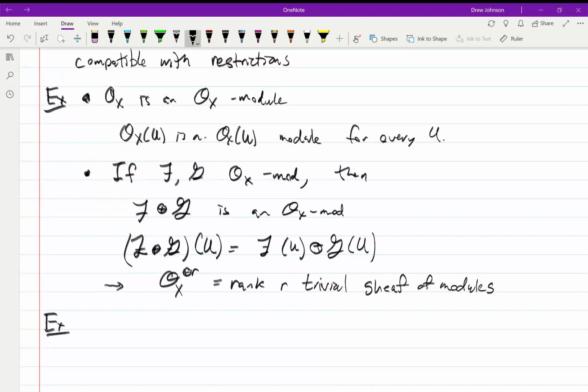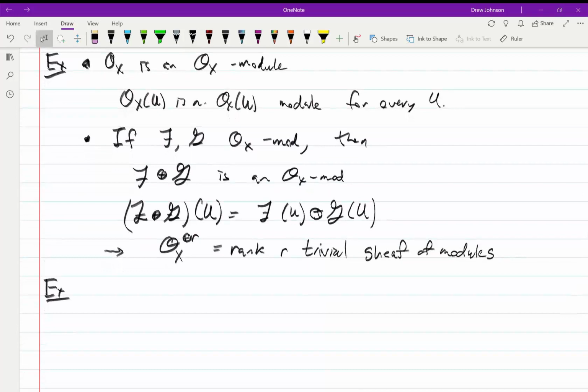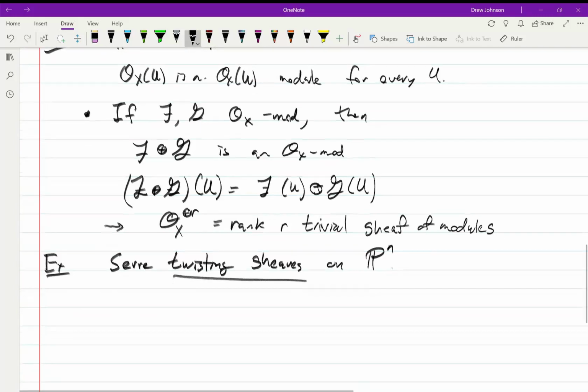All right, so here's our first interesting example, and a very important example that comes up quite a bit. These are called the Serre twisting sheaves on Pn. I think our textbook just calls them twisting sheaves, but I think it's common to call them Serre twisting sheaves.